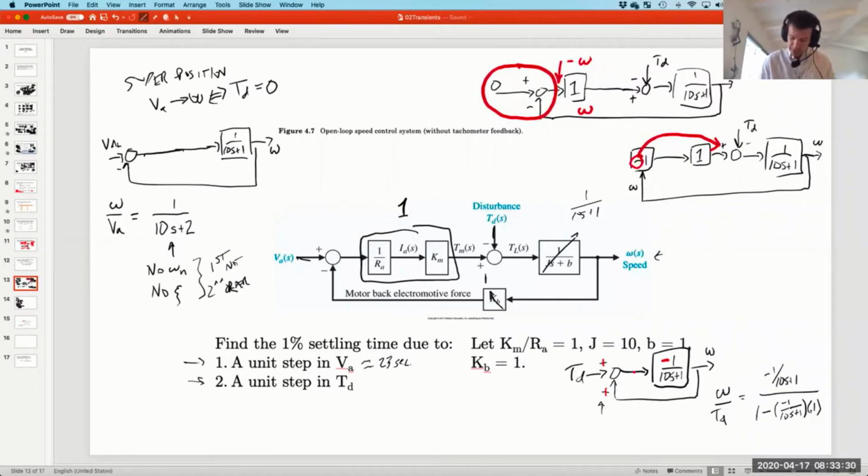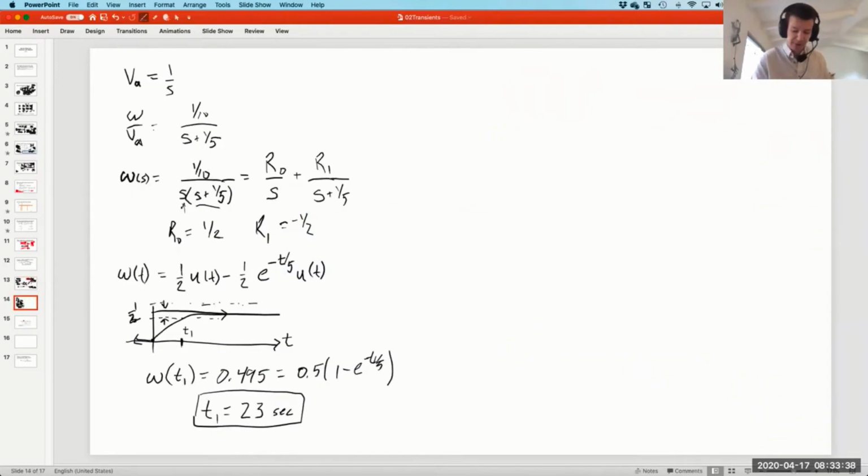So let's translate this onto the next page where I have some more room. What we just showed was that the TD to omega transfer function is -1. Sorry, I'm just going to copy this. Hold on, people, I'm going to try something fancy that I think I've seen Dr. Braun do.